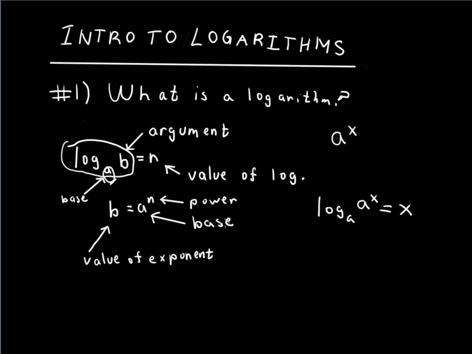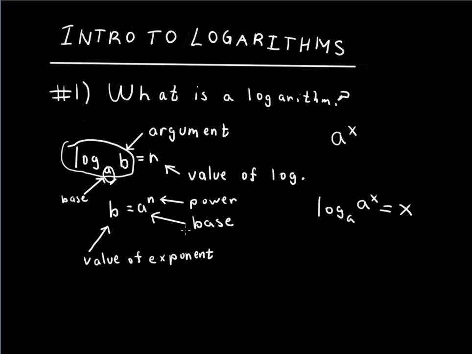To get ourselves more familiar with logarithms, we want to look at this diagram. You would pronounce this as log base a of b is equal to n. n is the value of the logarithm, b is the argument of the logarithm, and a is the base. It's the tiny thing at the bottom that I have circled.